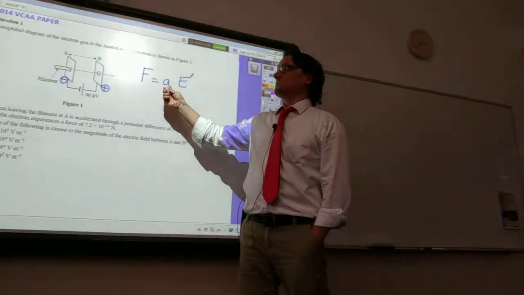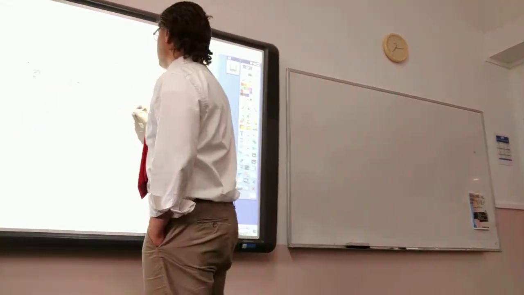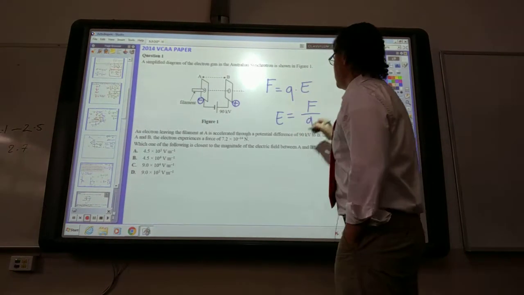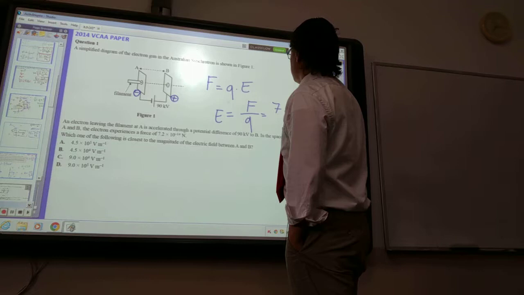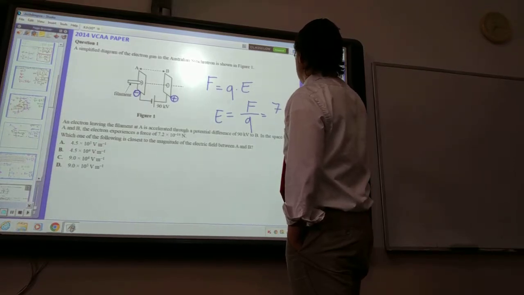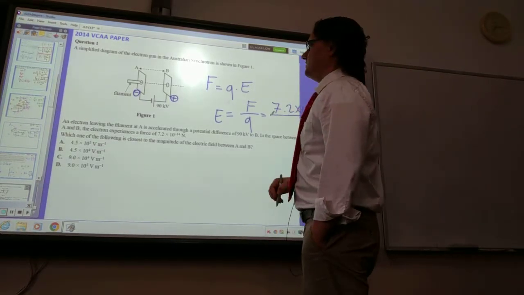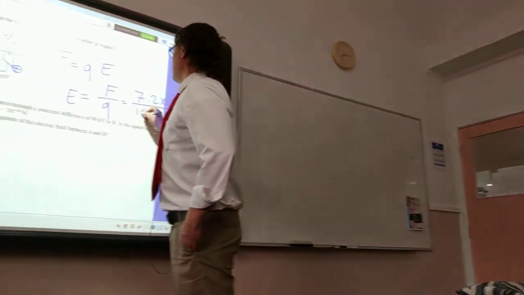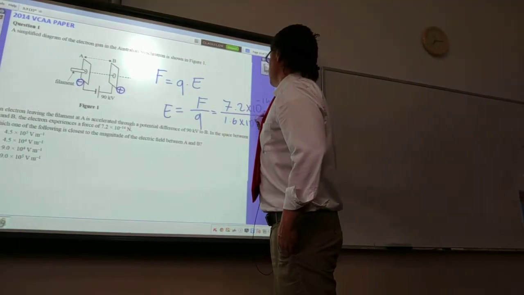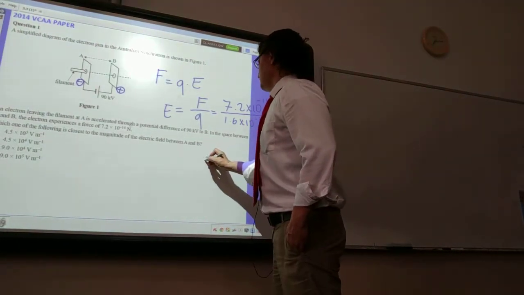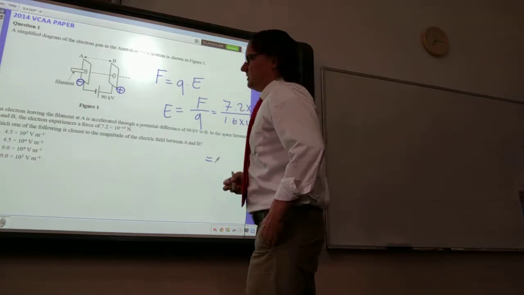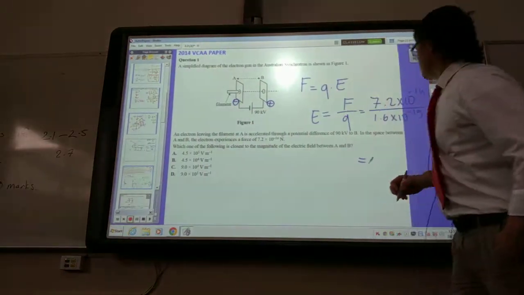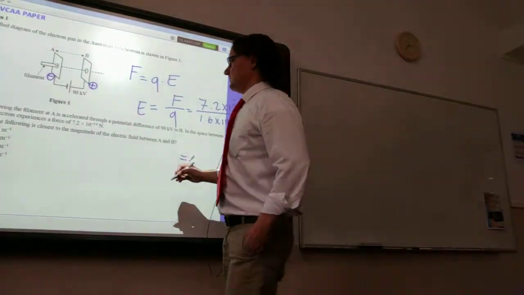Electric field will be simply F divided by Q, and F is 7.2 times 10 to the power minus 19 divided by the charge of an electron, which is 1.6 times 10 to the power minus 19, and that gives you an electric field of 7.2 divided by 1.6, which is 4.5 times 10 to the power 5.